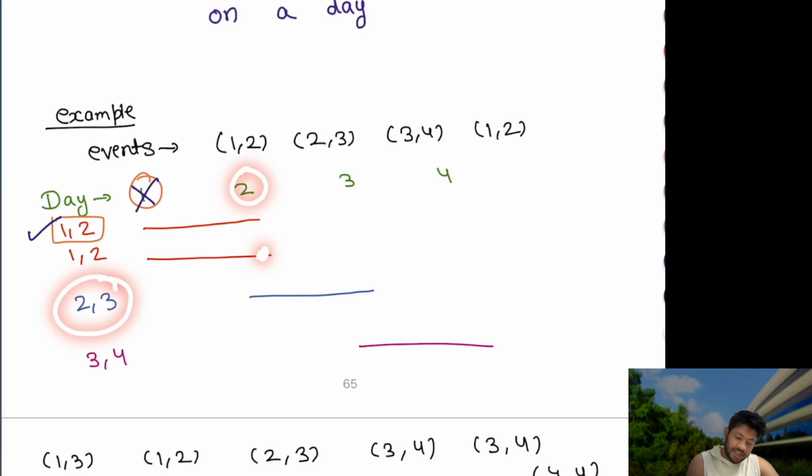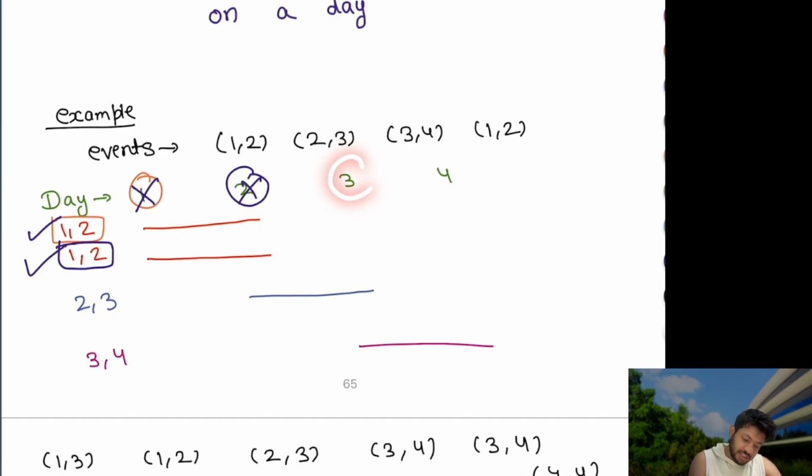This event was ending on day number 3. So I have a chance to attend this event later on. So on day number 2 I will say okay, let me attend this particular event, right? Because this is about to end. Alright, so I will just attend this event on day number 2 and I can say attended, right?